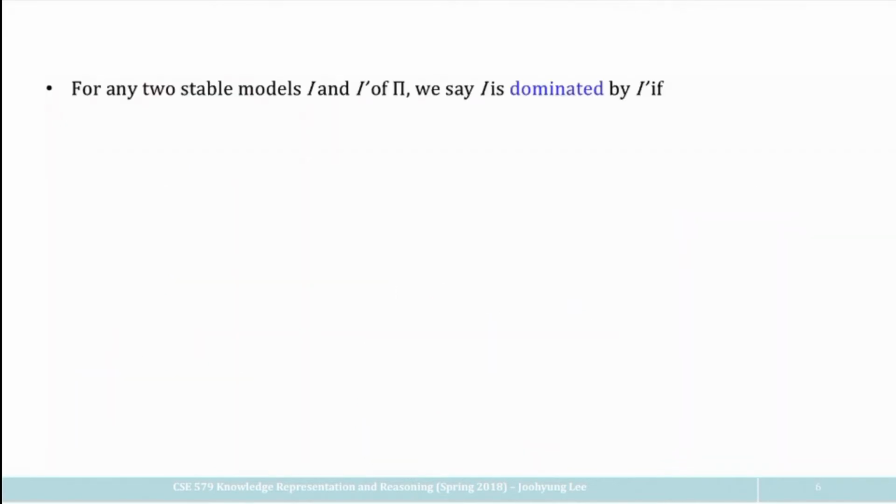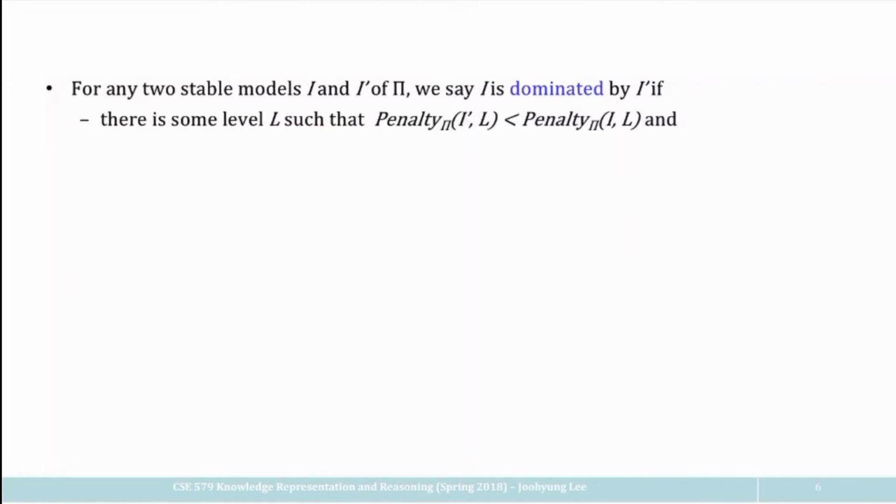Okay, now the next thing is, we didn't actually say how we select the optimal stable model, and this is the definition. Before we define the optimal stable model, we are defining which one is better. So we'll talk about the relationship between 2 stable models. Say we have I and I prime. We say that I is dominated by I prime if this relation holds.